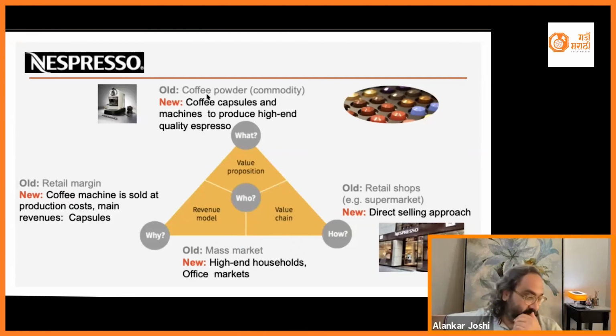As we all know, aluminum is environmentally not friendly. It's not biodegradable, and the newer, younger customers are extremely sensitive to these aspects: being environmentally friendly, being a good corporate citizen. So Nespresso has fallen behind a bit in innovating that part, because other companies saw this trend sooner than Nespresso did.